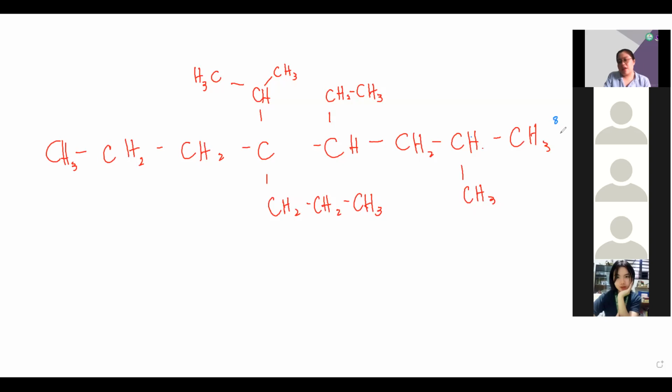So we have 8 carbons if we go straight. If we go down, 1, 2, 3, 4, 5, 6, 7. This is just 7 here. Pag magbaba tayo, 1, 2, 3, 4, 5, 6, 7. This is also 7 here. 1, 2, 3, 4, 5, 6, 7, 8. This is also 8 here.